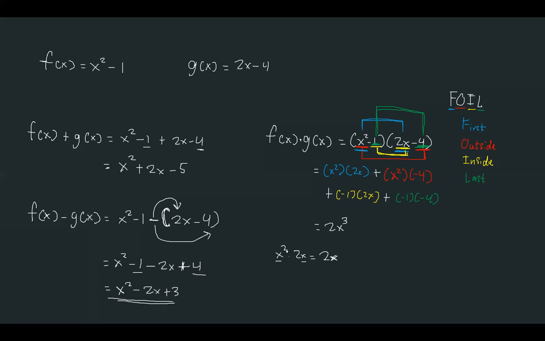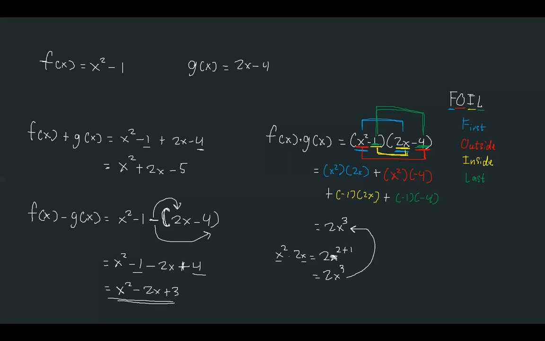Then the exponents, we're going to add them. So here we have x squared, so 2, plus the exponent of x here. Since it is just x, we're just going to have 1. Hence, we have 2x raised to 3. All right? So that's it, 2x cubed.